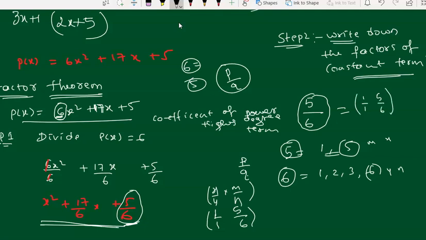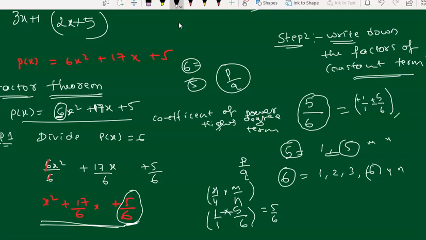And these are always plus or minus. Why did I write this? Because when I multiply these two things, I'll get 5 by 6 only. So such kind of pairs you should write here. This is one factor.